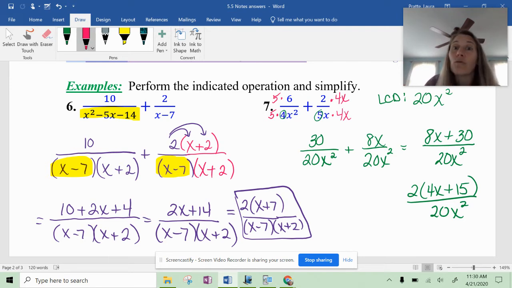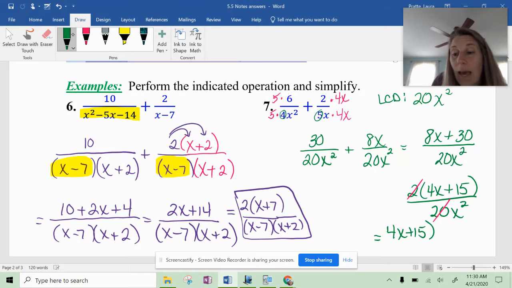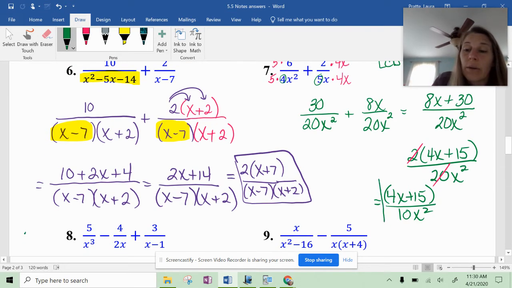Monomials, remember, you can just reduce them. So this 2 and this 20 can be reduced. So then this would end up just being 4x plus 15 on the top, and then that 20 would reduce to a 10x squared on the bottom. So that would be your final answer for that one.